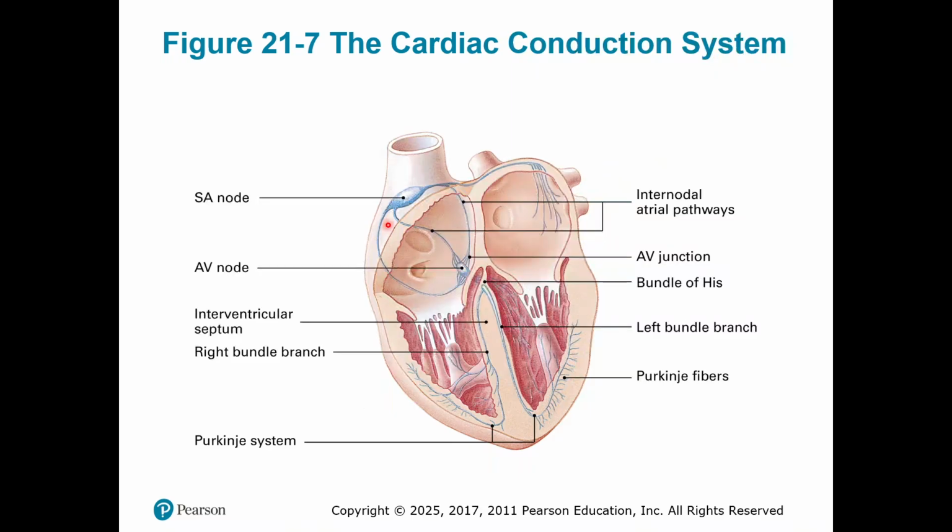The SA node's not working, the AV node's not working, there's no bundle of His, and these individual cardiac cells are firing down here at will. There's no organization to their firing, but they're firing. And what are they trying to do? They're trying to stimulate these ventricles to contract. And since it's surrounding the ventricles, that's where you get the name VFib.